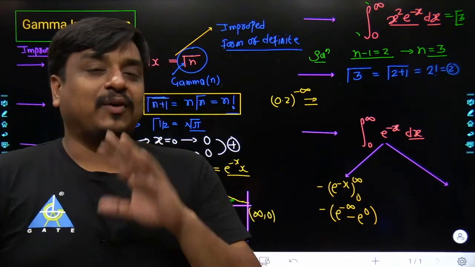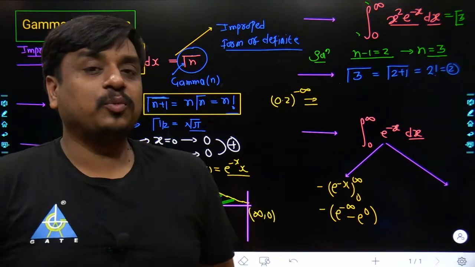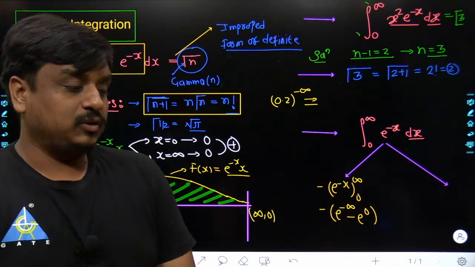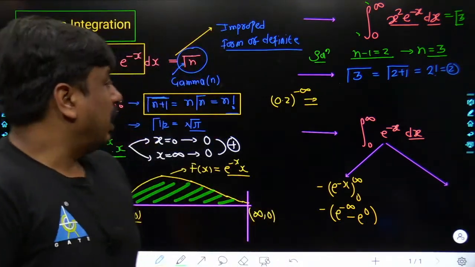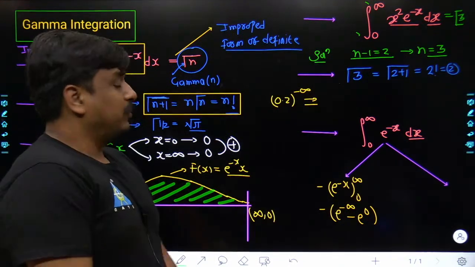My dear friends, why am I going into such detail? Because I know these are the different points where many of the students used to have a lot of doubt. I wanted to have the input for this particular problem: 0.2 raised to the power of minus infinity.